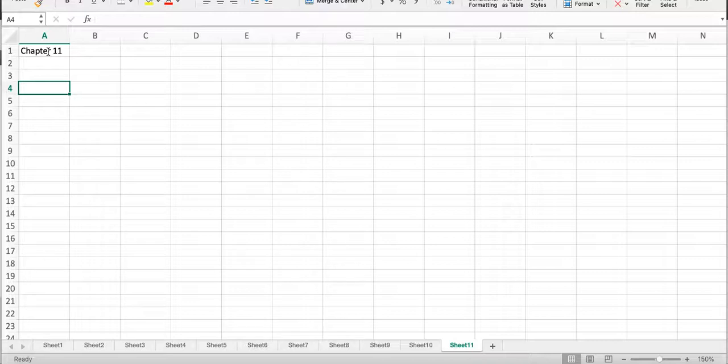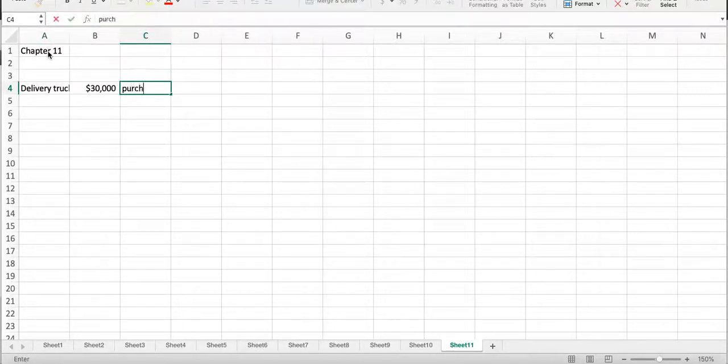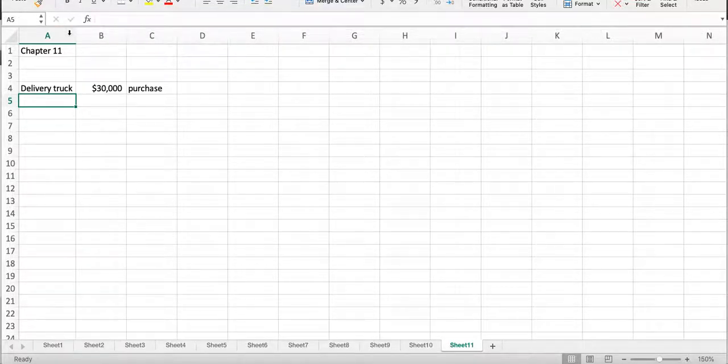We've got a delivery truck that they bought for $30,000. It was not subject to luxury auto depreciation, 2 years.